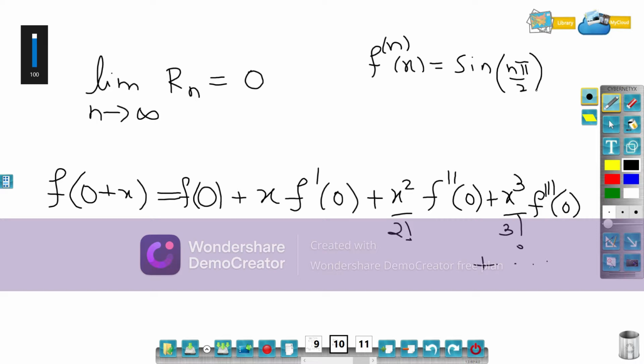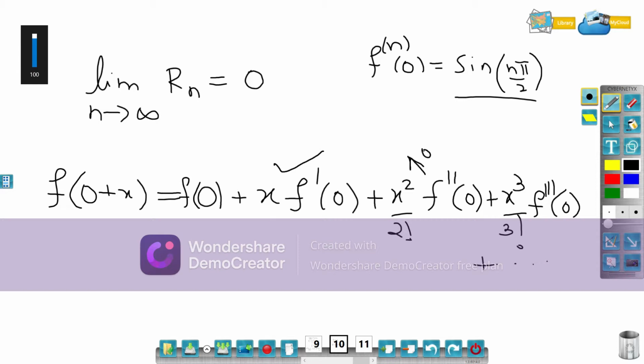So the first derivative, when I calculate, is sine pi by 2, so that is 1. So this will survive. When I go for n is equal to 2, then sine pi is 0, so this will be 0.